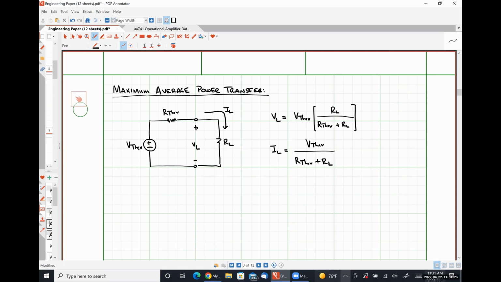And from these two relationships, the DC power absorbed by that load resistance PL is simply the product of VL and IL, which is going to look like V Thevenin squared times RL over the quantity R Thevenin plus RL squared.